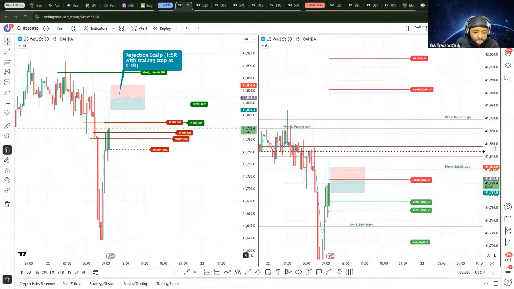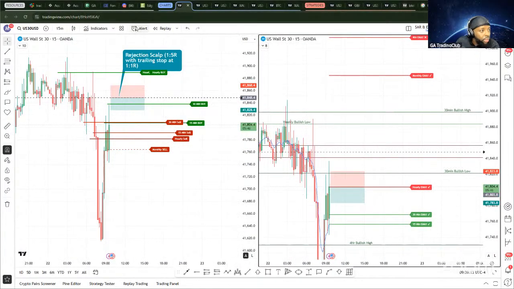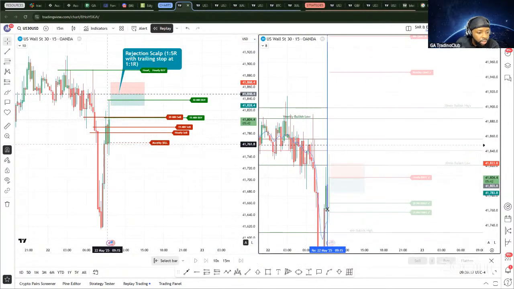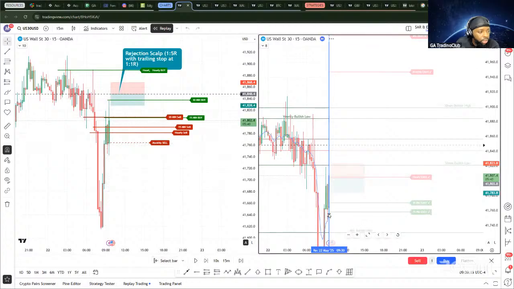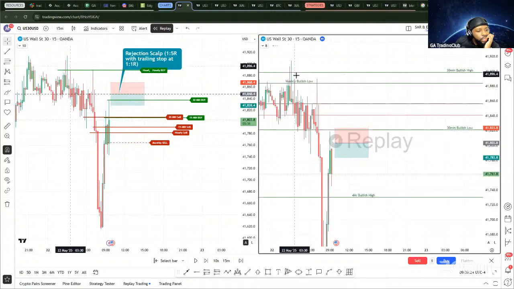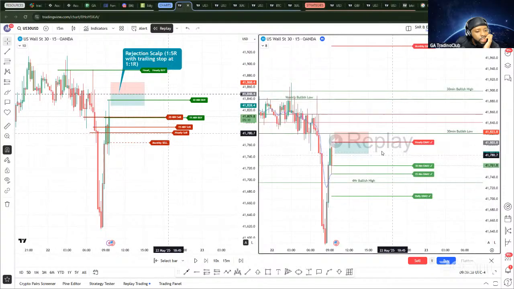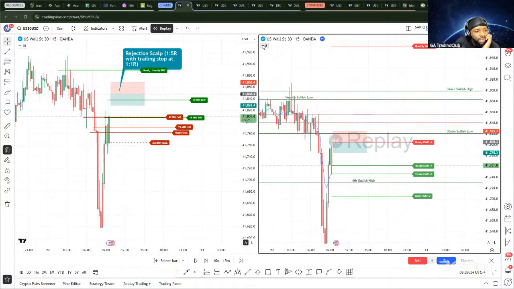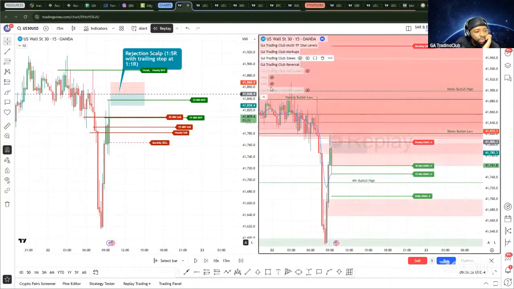We have the 30-minute bullish low. Well, let's see. Give me a moment here. Yeah, hourly EMA. We had this bullish order block in the way of the stop loss.